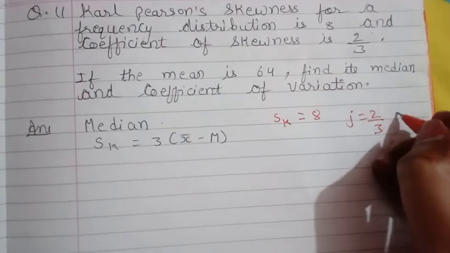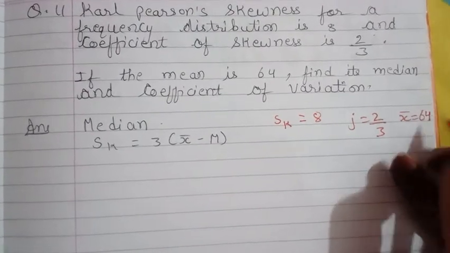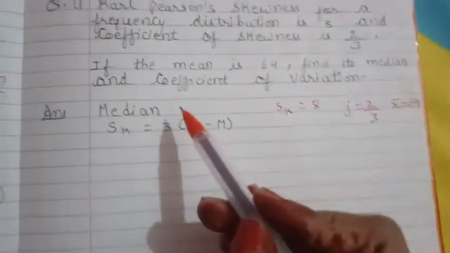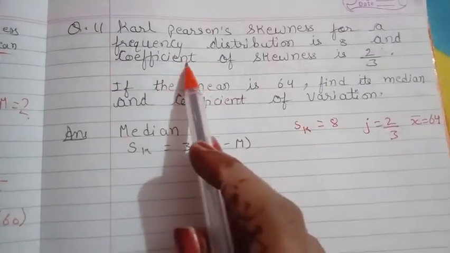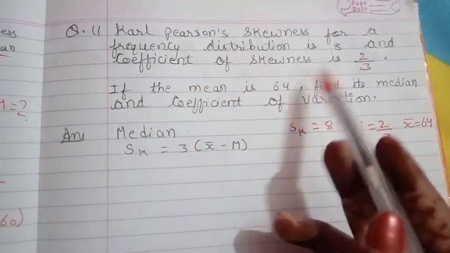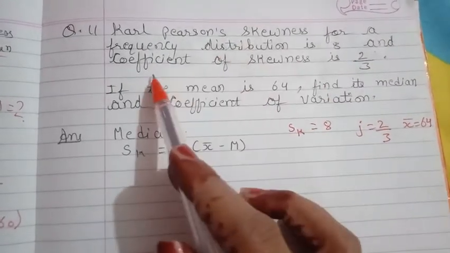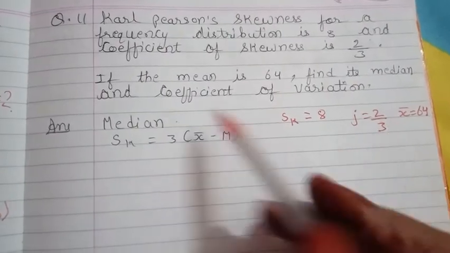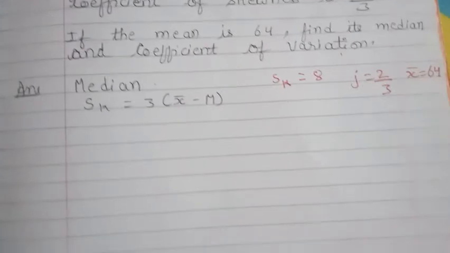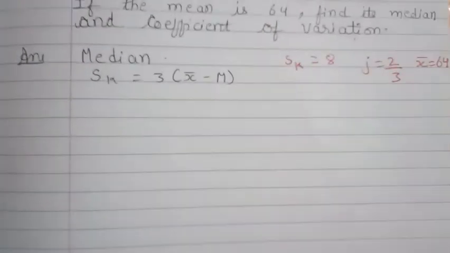If the mean is 64, x bar is equal to 64, find its median and coefficient of variation. Things which are given: Karl Pearson's skewness is 8, coefficient of skewness J is equal to 2 upon 3, and mean is 64. We have to find median and coefficient of variation. Two things we have to find over here.